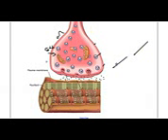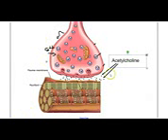Since this is a neuromuscular junction, these neurotransmitters are called acetylcholine. Acetylcholine are the neurotransmitters of the neuromuscular junction, and they will cross the synapse and bind to receptors on the surface of the muscle cell.